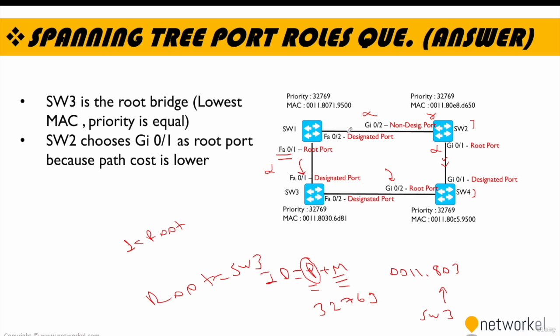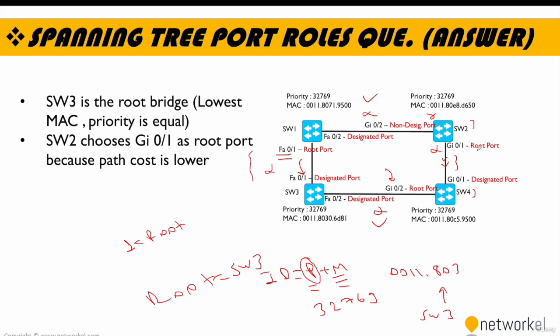Since this one and this one are equal, Fast and Giga, the cost is the same for these. However, for these paths, the lower cost will be for this path because it is connecting a Giga link. It will have a lower cost compared with this path.